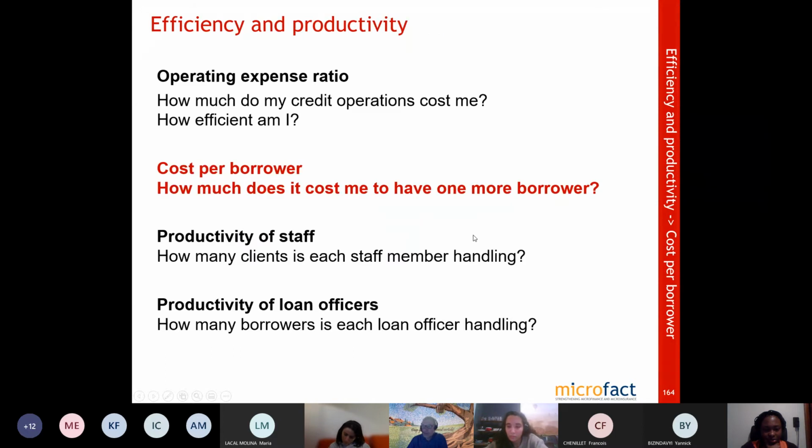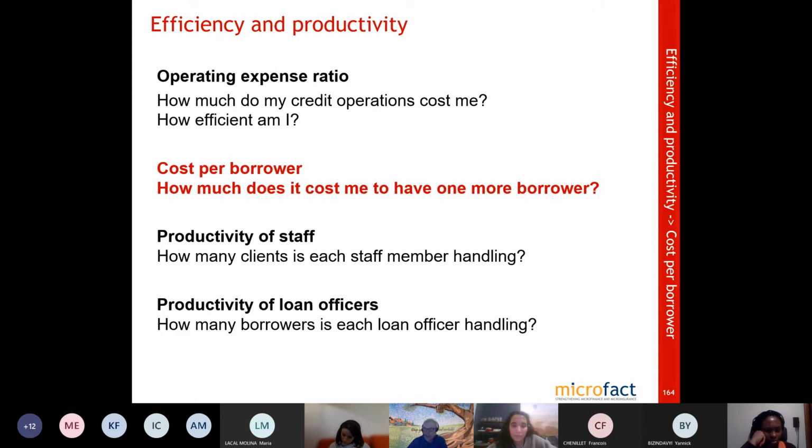So cost per borrower, the information is in the slides and I'm going to skip it because it's not an indicator that I've ever used in my analysis, so I don't think it makes sense to focus too much on it, but it's considered by others as an important one.